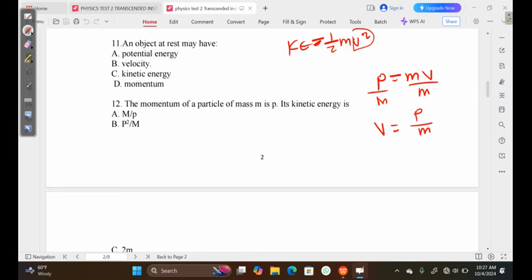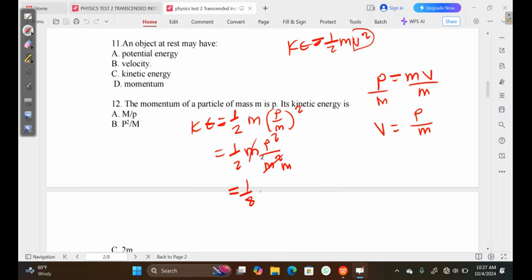So I'll have my kinetic energy equal to half m times p over m, squared. So I'll end up having half m p squared divided by m squared. One m can go and I'll remain with one m. So half p squared over m, which when I do it properly is going to be p squared over 2m. So the answer is p squared over 2m.